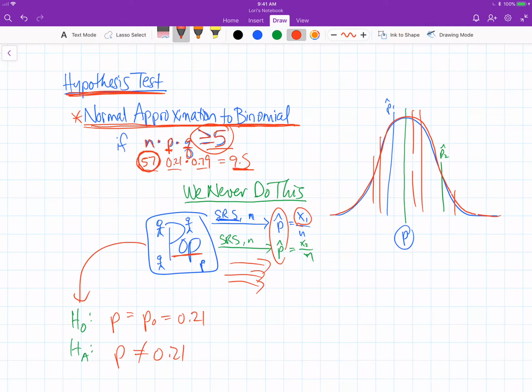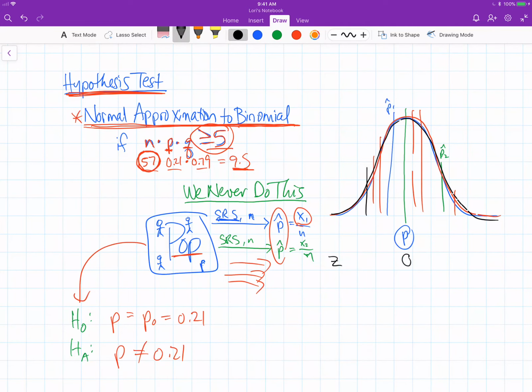Let me back up just for a second. The other thing to remember is that this distribution has a mean, and if this is a normal approximation to this binomial, then the distribution of z-values will be similar to what we're used to.